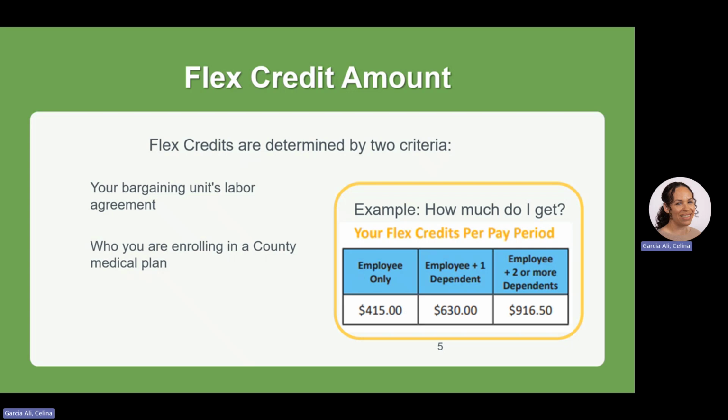If you are enrolling yourself and one dependent, like a spouse or a child, you're going to receive the employee plus one amount of flex credits. And if you're enrolling yourself and two or more dependents, then you will receive the employee plus two amount of flex credits to help pay for that medical plan.